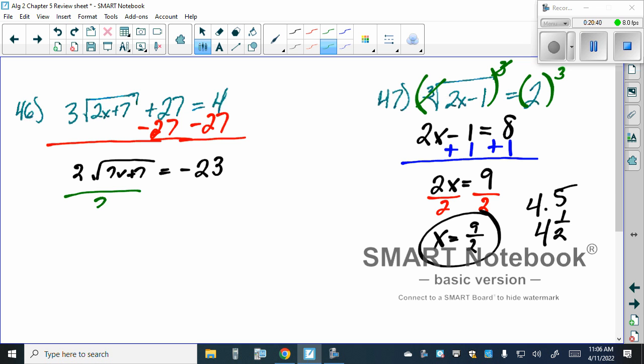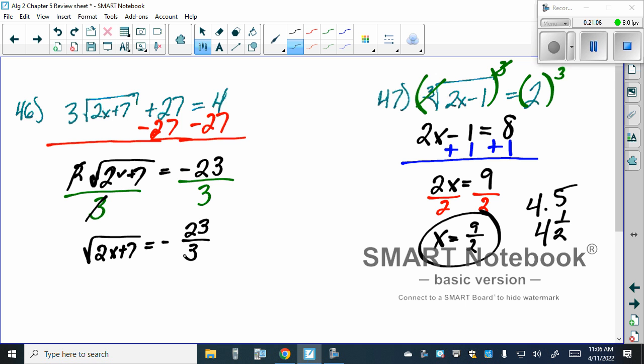Divide by 3. Now the 3 and 3 would simplify to 1, telling us that the square root of 2x plus 7 is equal to negative 23 over 3.